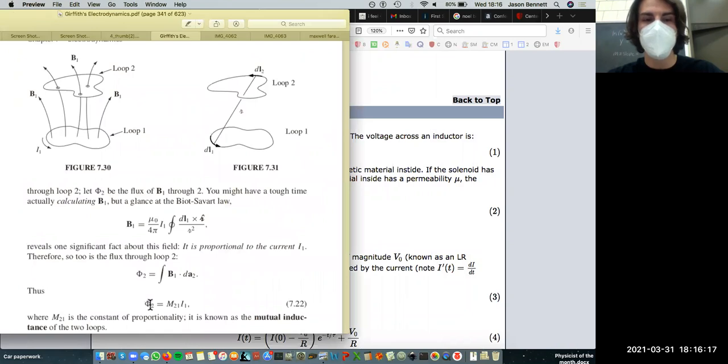If we take the derivative of the flux and we take the derivative of this side, this M is just a constant that tells me, because the B of this field depends on the current, I know at most that the magnetic field felt over here depends on the current I. So again, it's very much like that capacitance that we did from before.